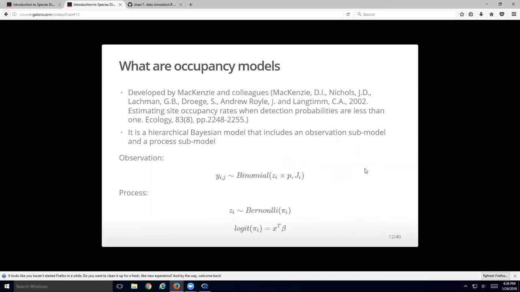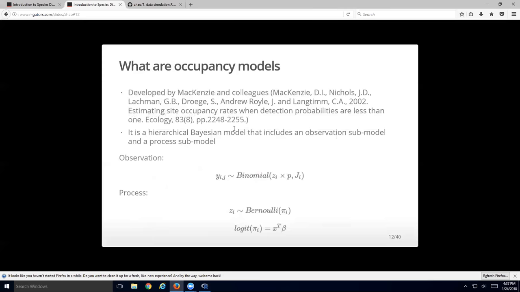And on the other hand, the occupancy model, I think the most basic occupancy model was developed by MacKenzie and colleagues and published in this paper. So it's a hierarchical Bayesian model. It's not that good at detecting nonlinear relationships, but as a hierarchical Bayesian model, this model actually includes an observation model and a process model.